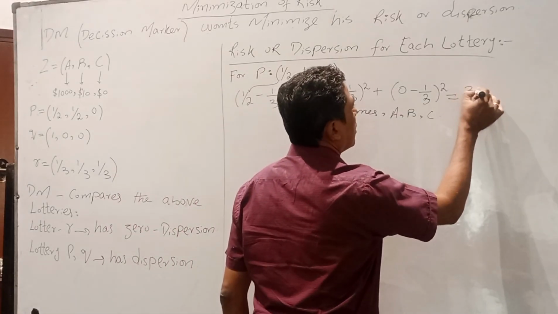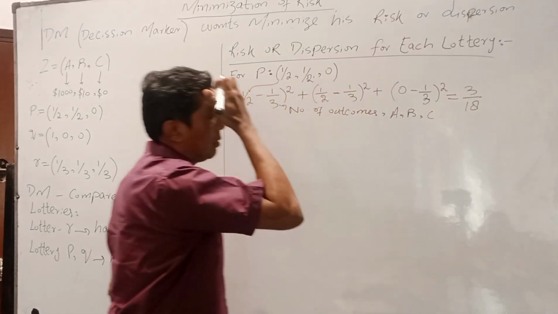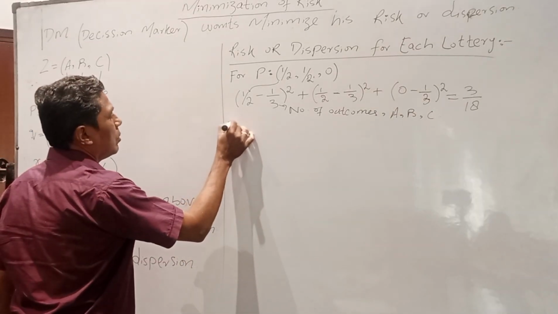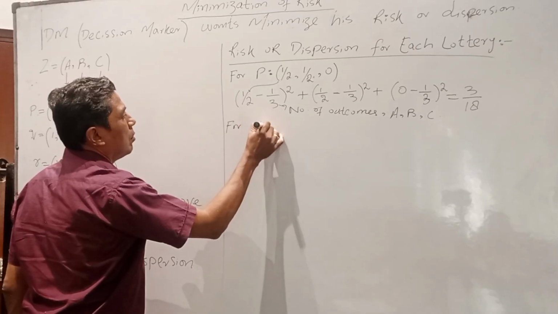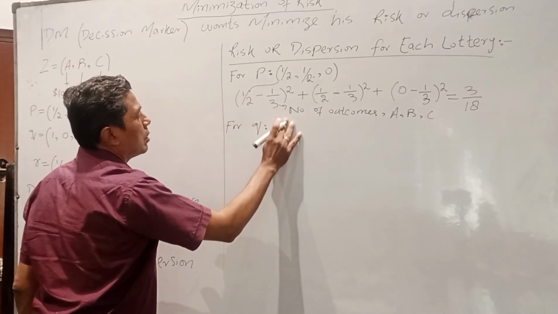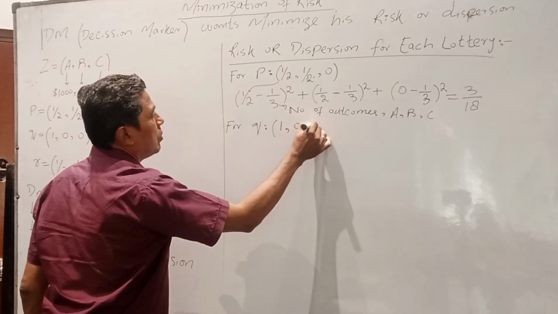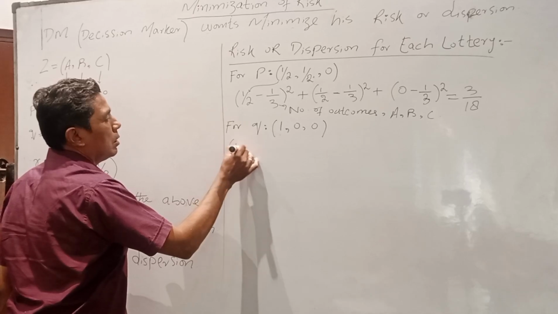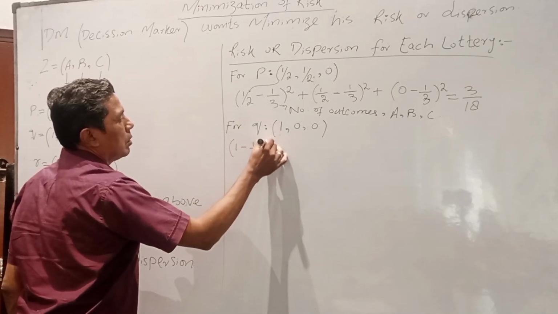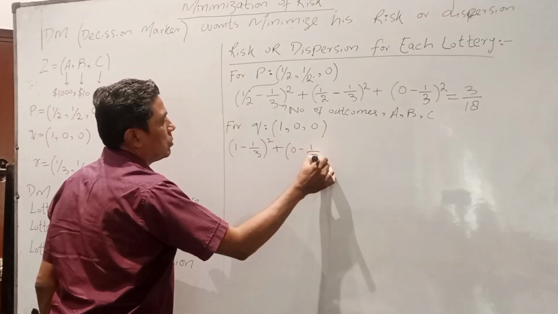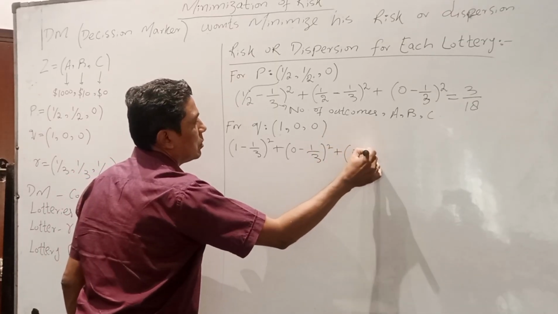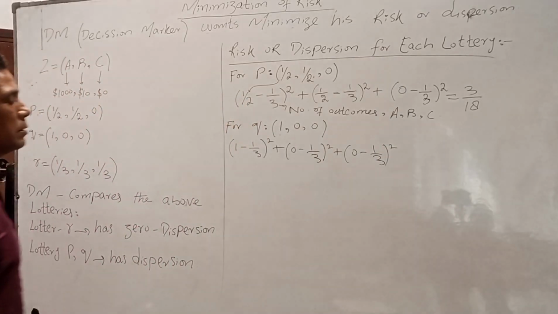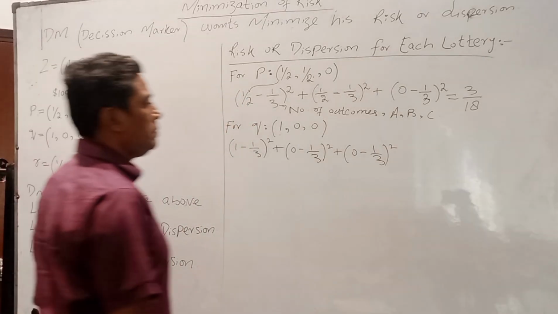Let's check. And similarly for Q: 1, 0, 0, so 1 minus 1 over 3 square, plus 0 minus 1 over 3 square, plus 0 minus 1 over 3 square.